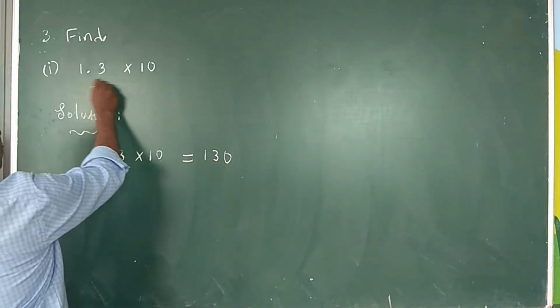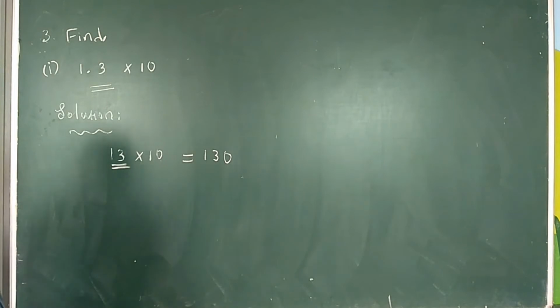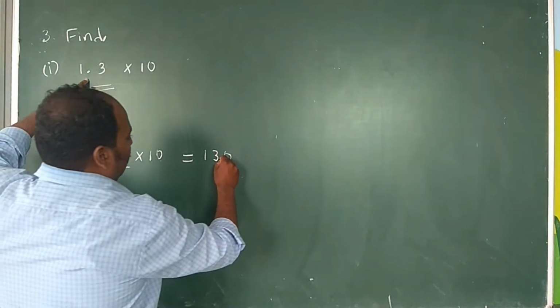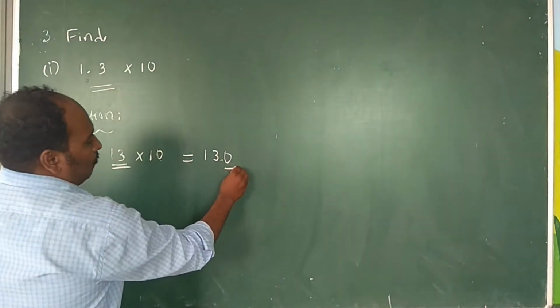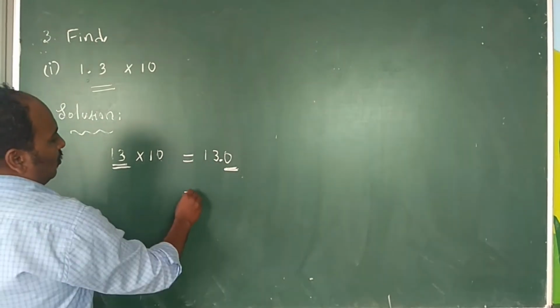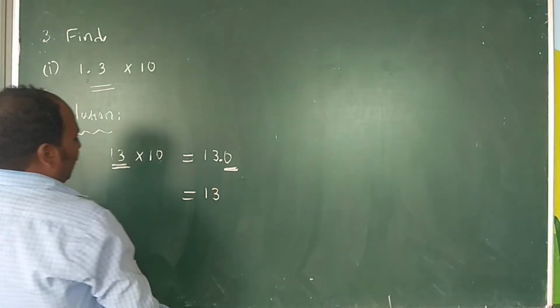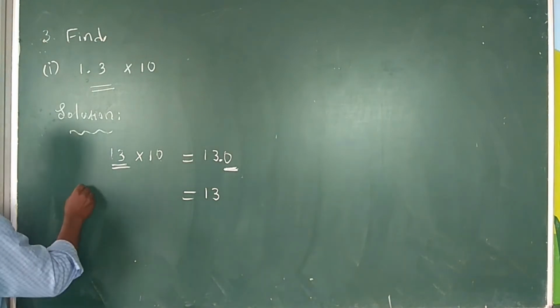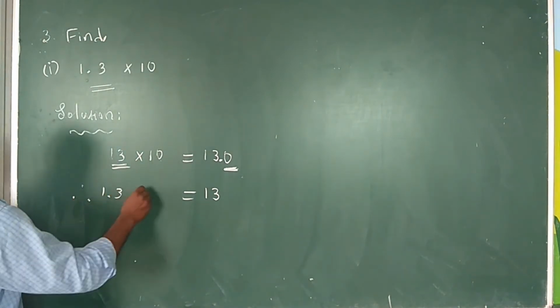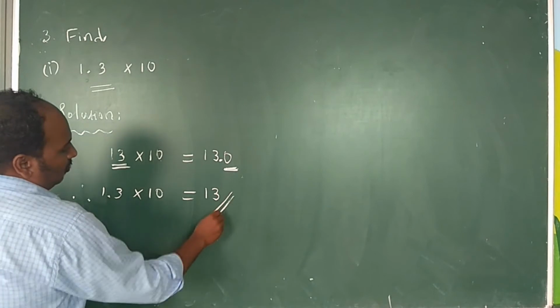We count the decimal places. Here one decimal place is there, so take the point before 1 digit. So our answer is 13. Therefore, 1.3 into 10 is equal to 13.